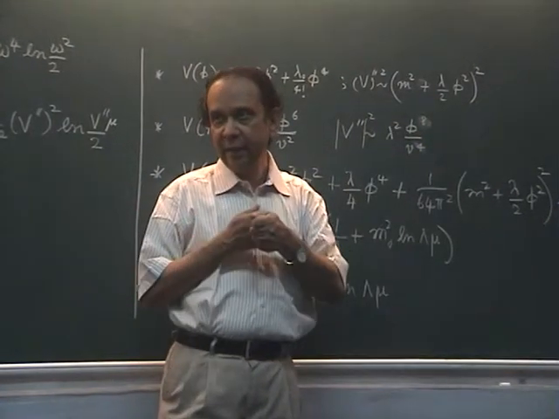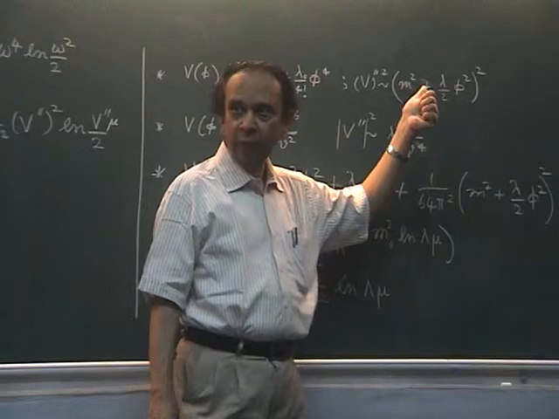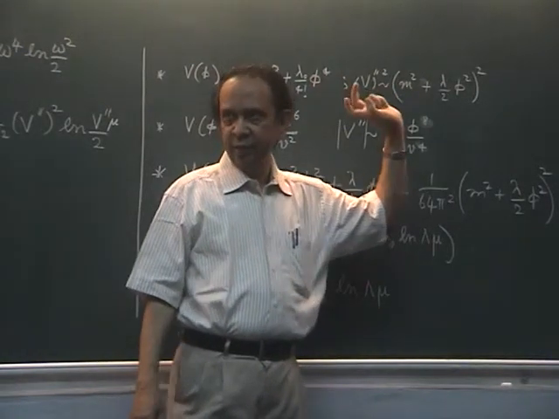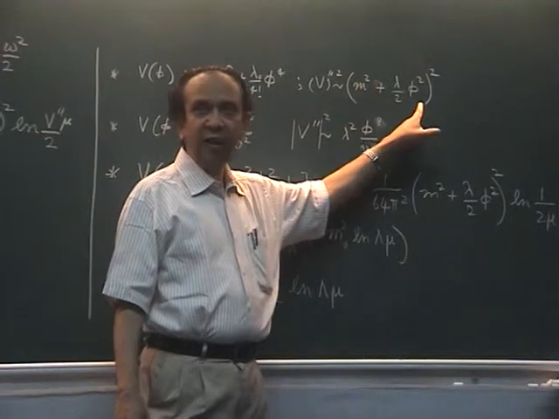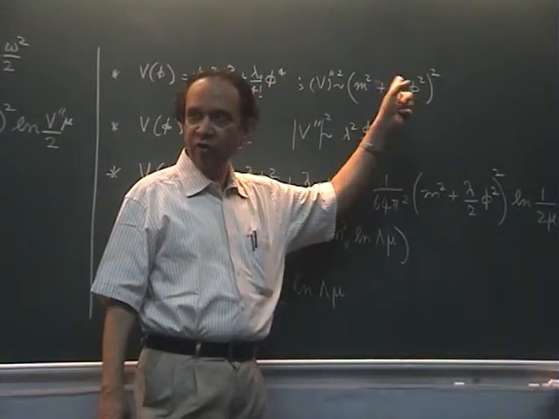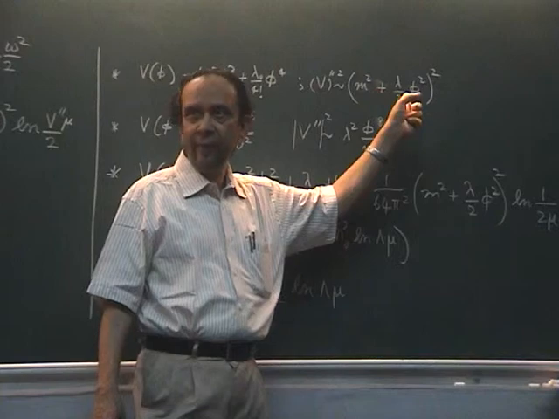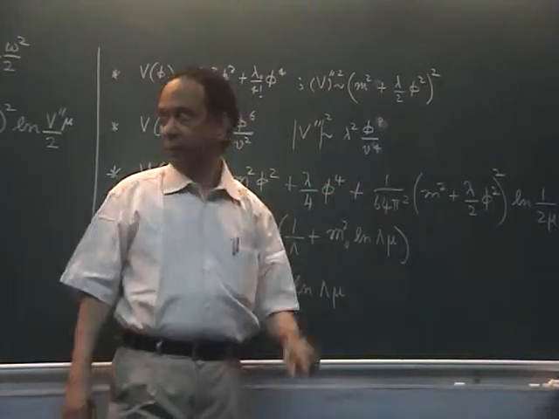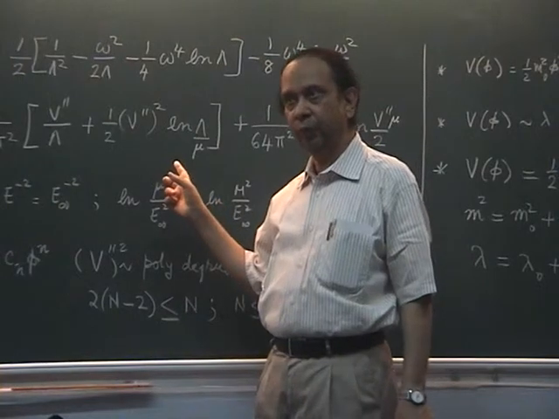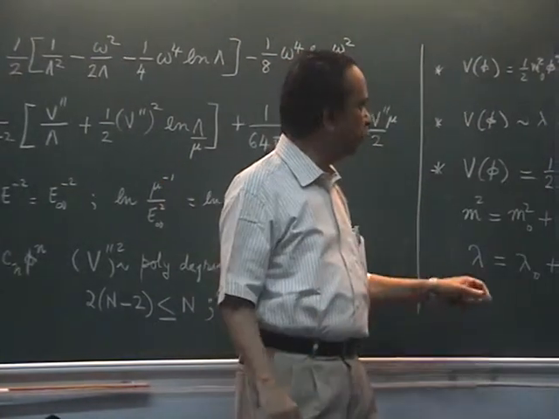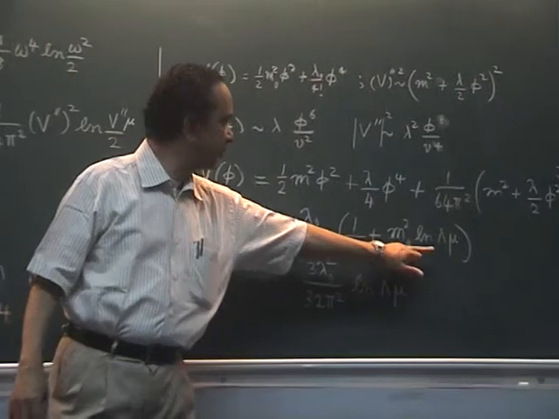Then you combine the terms which are of different order. You throw away constant terms which you don't care about. There will be a term which will be lambda by 2 m square phi square, or lambda m square phi square with a factor 2 taken away. So this term is going to sit here with a log of lambda by 2. Okay? That will add to your original m naught square. That is how you get this term.